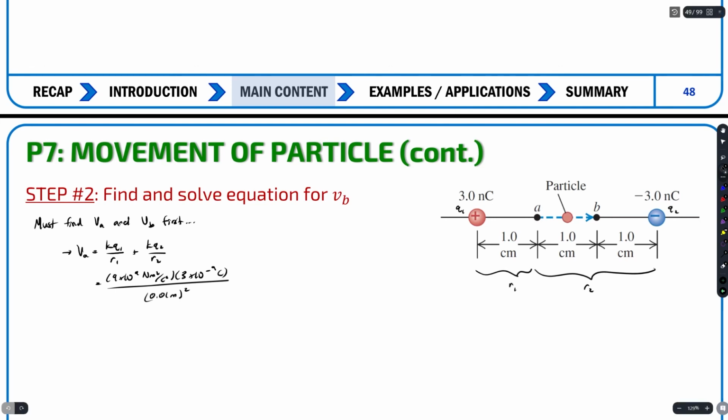And then that should be equal to plus 9 times 10 to the 9 newton meters squared per coulomb squared, Q2 is negative 3 times 10 to the negative 9 coulombs divided by 0.01 meters. So with that, we can put that into a calculator and we get 1350 volts. Now, if you do the same thing with VB, you should get minus 1350 volts.